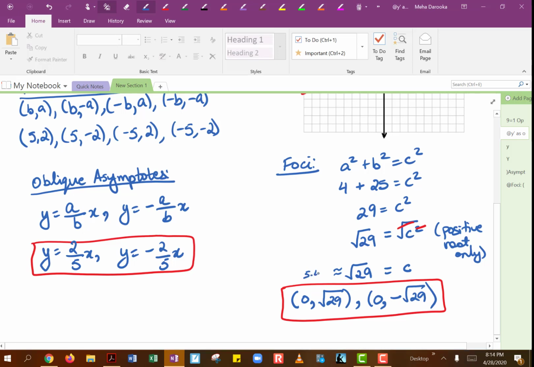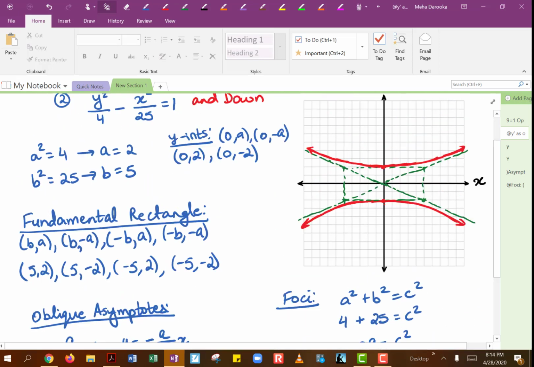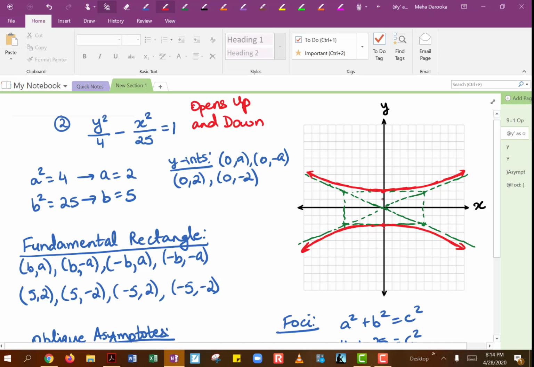So if we try to graph this, 5.4, so let's see, these guys are 2, 3, 4, 5, 5.4, maybe about there, so 5.4 over here. Okay, so this will be (0, square root of 29), and this will be (0, negative square root of 29).